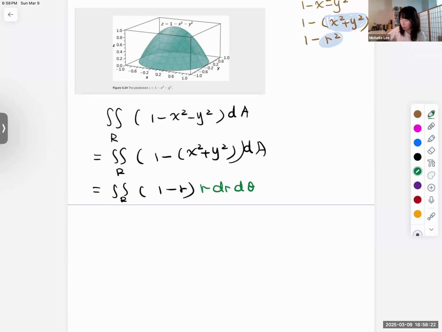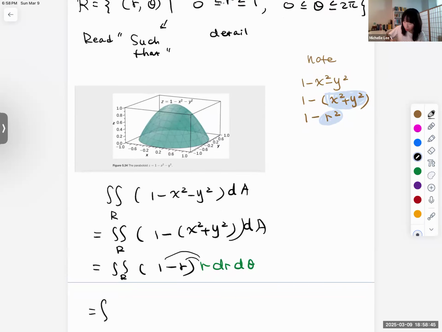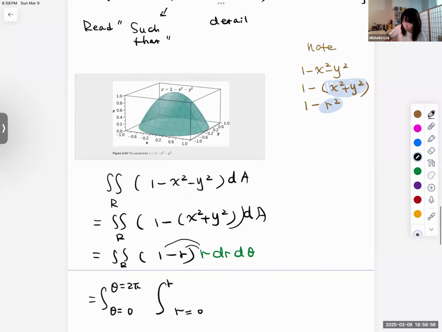R first? Okay, that's fine. So easy one is better, right? If we try and then there's a complicated step, we should change that, right? So far so good, right? So let's distribute. All right, so we have to write down the limits. Theta is last, 0 to 2 pi, then r from 0 to 1, and r minus r cubed, dr d theta, right?